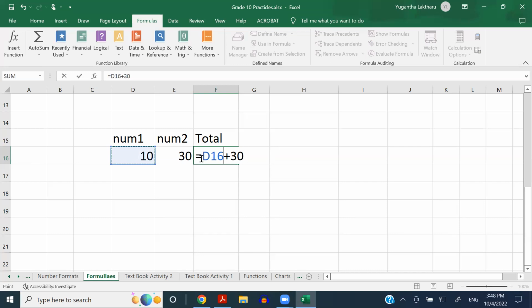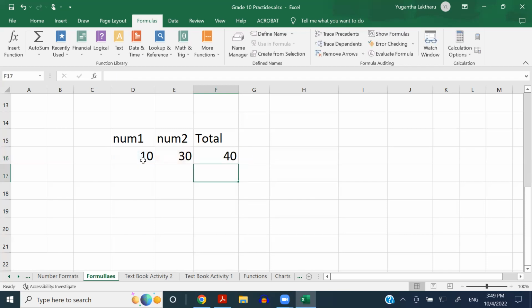You can see that D16 automatically appeared over here since I started this with the equal sign. And instead of 30, I'm going to write, I'm sorry, E16.